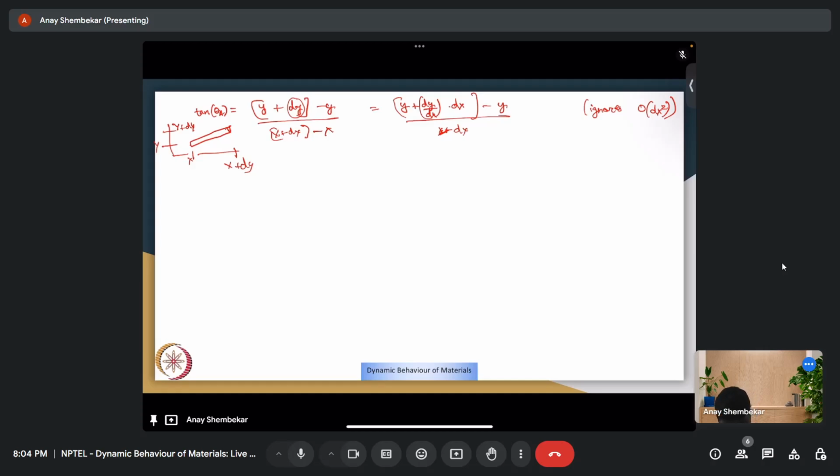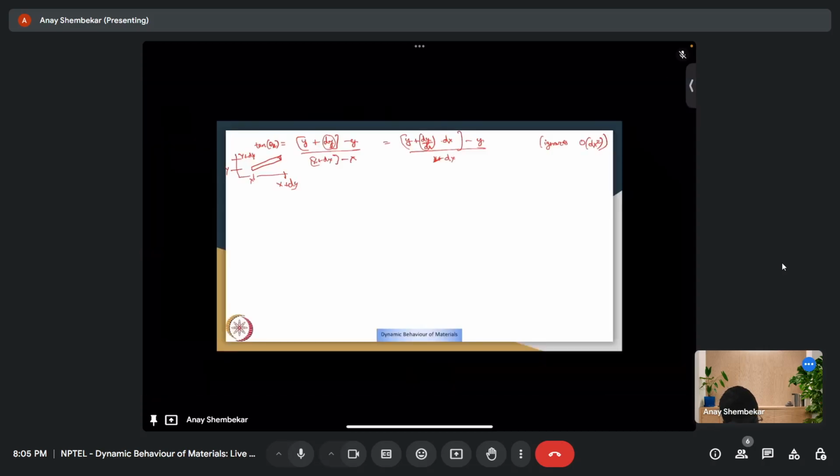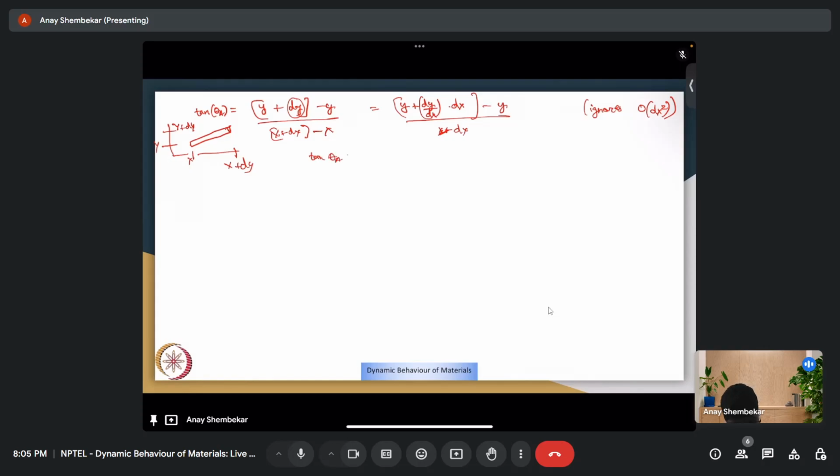So you have tan theta to be approximately the partial derivative of y with respect to x, and then if you take the partial of tan theta by partial x, you get the second partial of y by partial x square. It's nothing but sec square theta times partial theta by partial x.